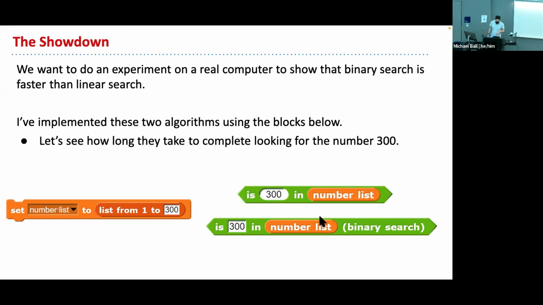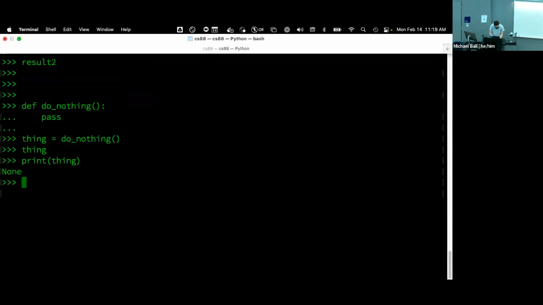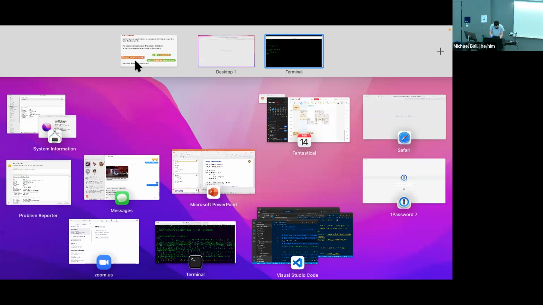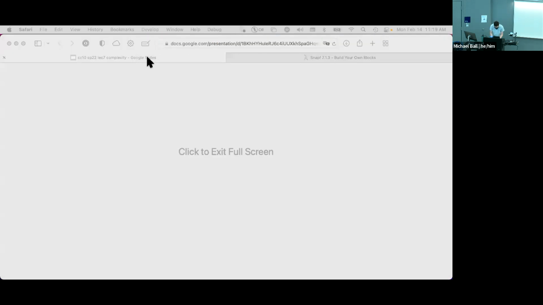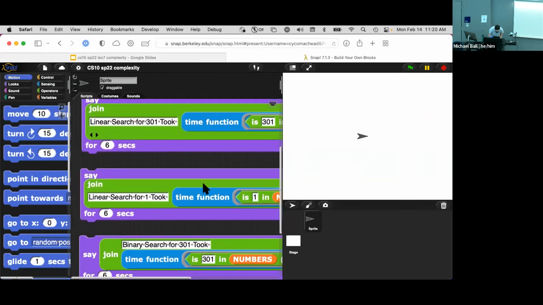So in the set of slides, we've updated the blocks that are linked in the Snap project slightly differently, just so they'll be a little bit more clear. We have a few different blocks in this case.